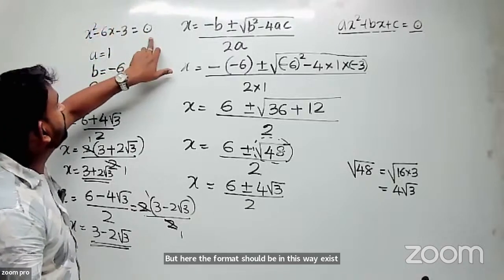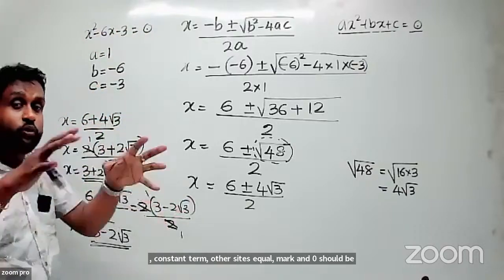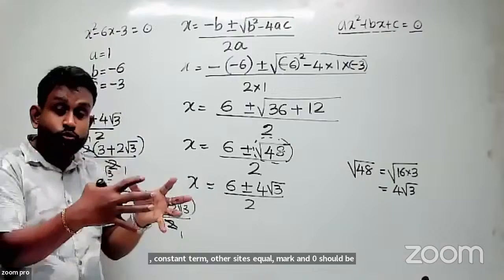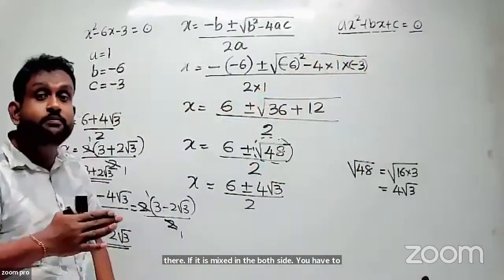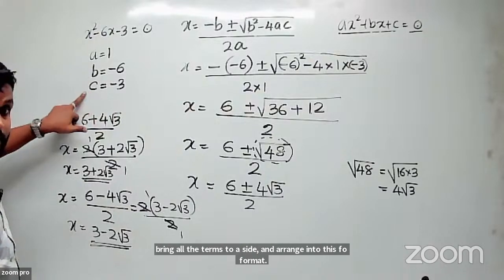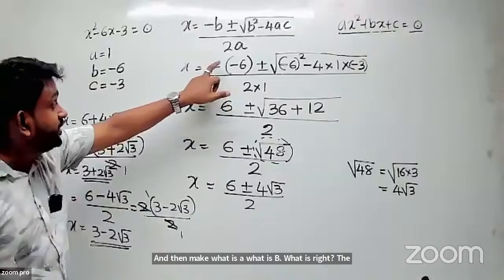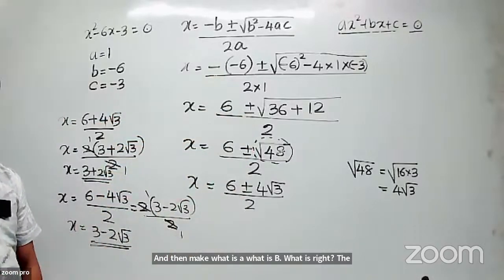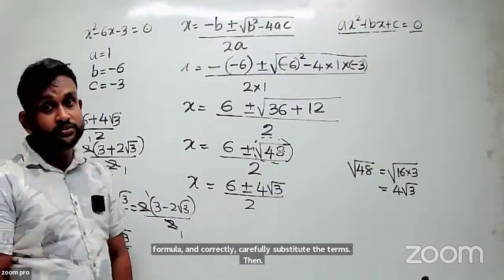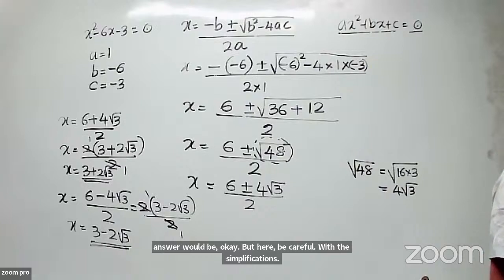On the other side, an equal mark and 0 should be there. If it is mixed on both sides, you have to bring all the terms to one side and arrange into this format, then identify what is A, what is B, what is C, write the formula, and carefully substitute the terms. Then your answer will be okay. But be careful with the simplifications, otherwise you will get incorrect answers.